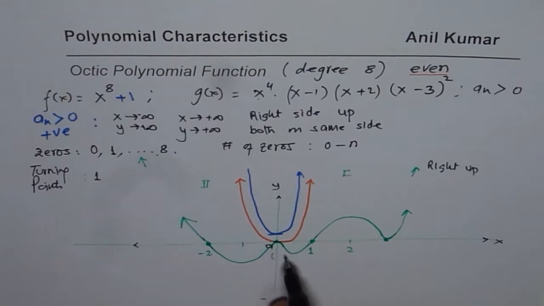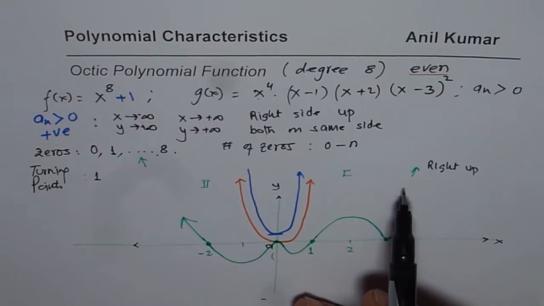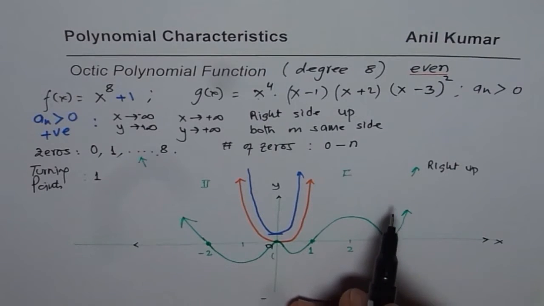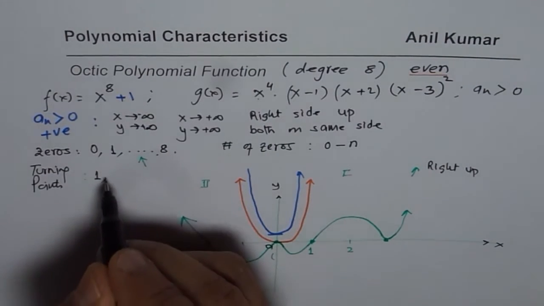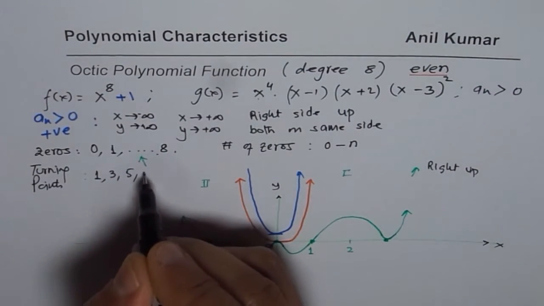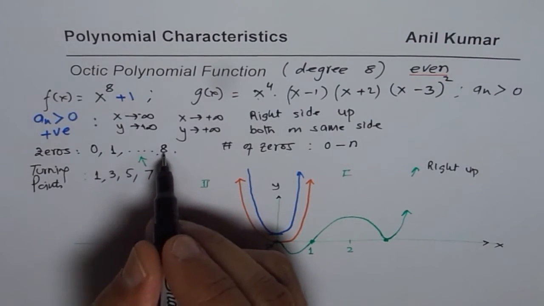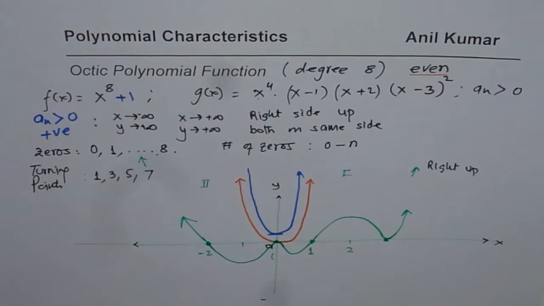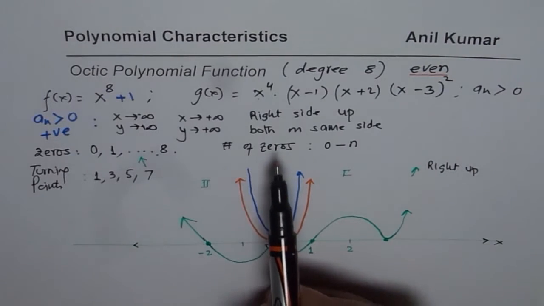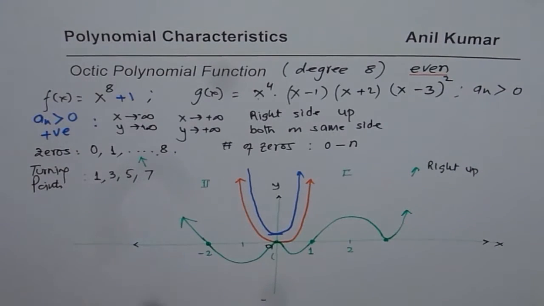So you have to make a set of 2 turns every time to ensure that you land up on the same side. And therefore, the number of turning points will be 1, 3, 5, and 7. 1 less than 8. Do you get the point, right? So the maximum number of turning points will be for an octic function which has 8 zeros, right?